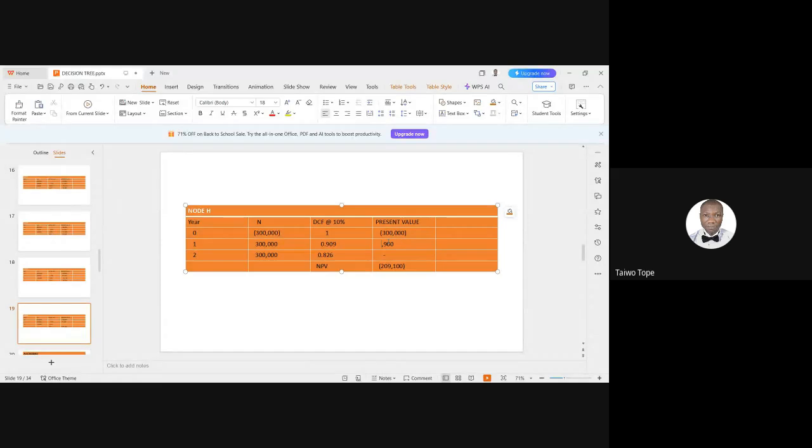This should be 909 multiplied by 3, 272,700. And this 0.826 by 3, 247,800. Then the NPV will be what? 220,500.